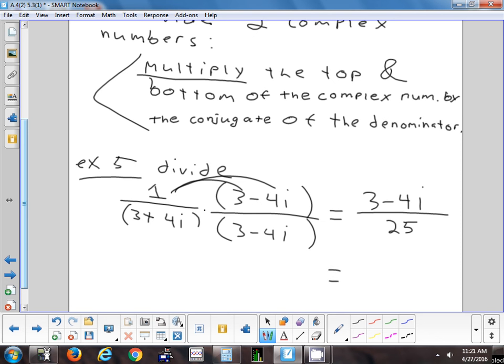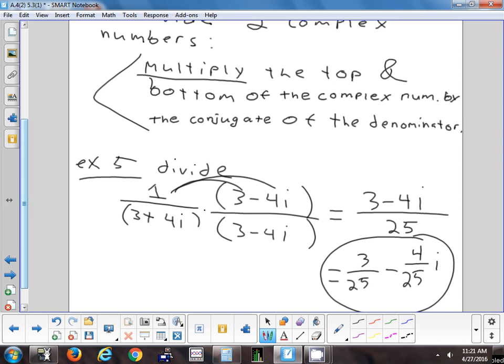The last step is to write this as two separate fractions. Here's your real part over the 25, minus the imaginary part over the 25. You do have to do that. All the answers on the test are going to be in standard form.